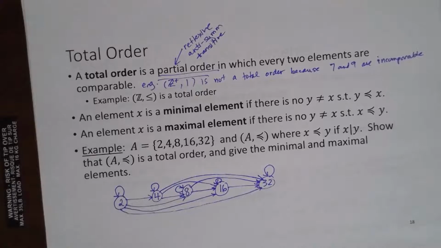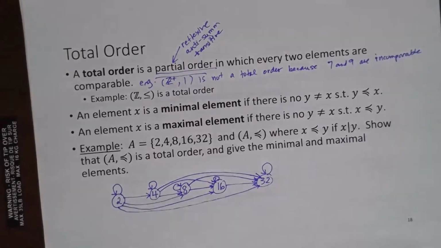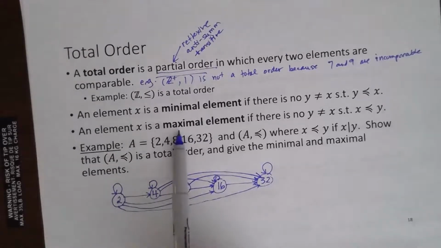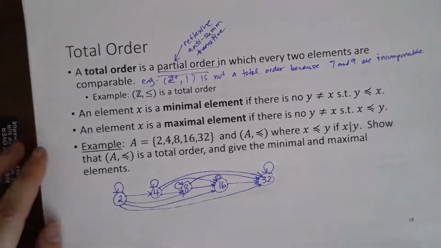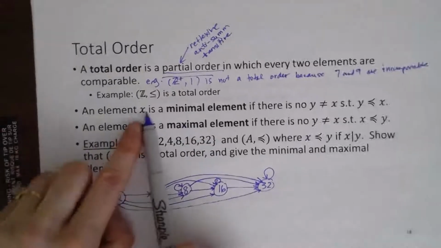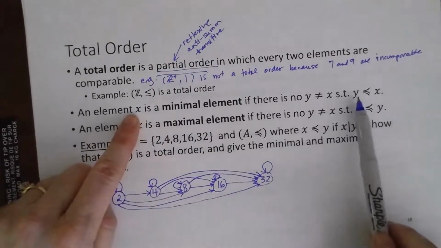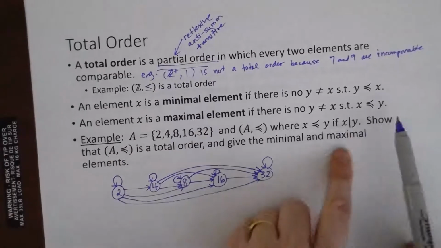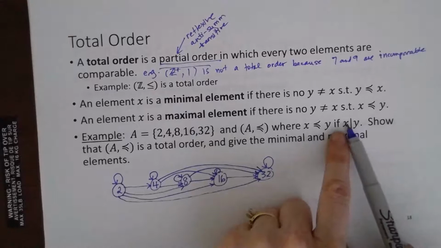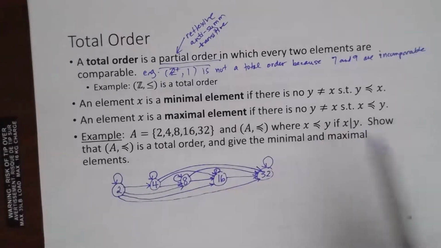So this is an example of a partial order. We've already talked about how it's reflexive, antisymmetric, and transitive. Now let's see, does it have any minimal elements or any maximal elements? A minimal element would be an element where, in the x divides relation, I would have this x, but there wouldn't be a value where another thing divided it.